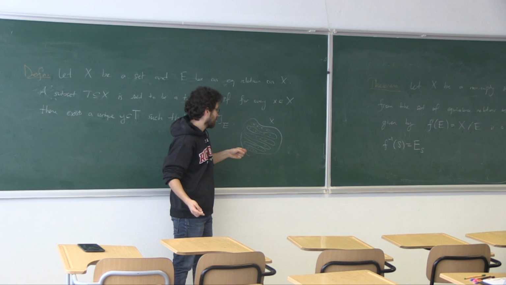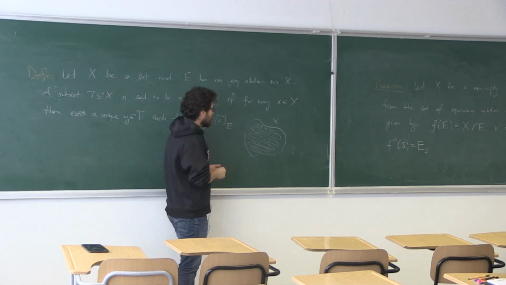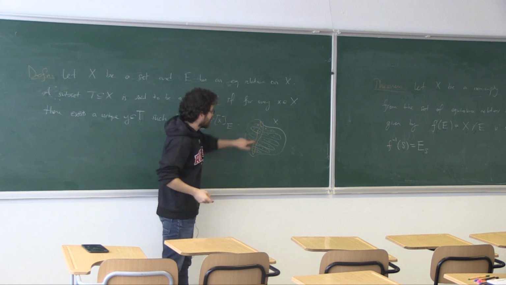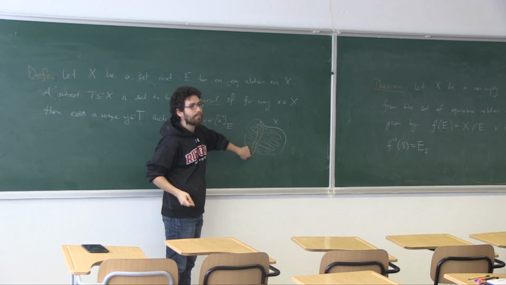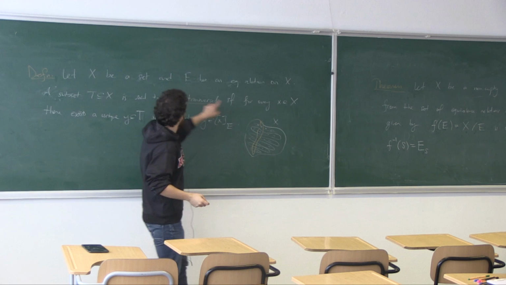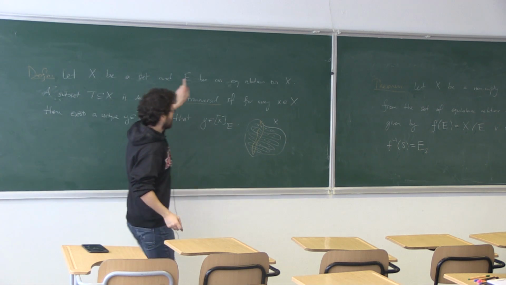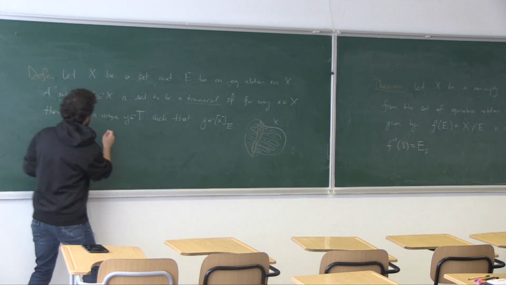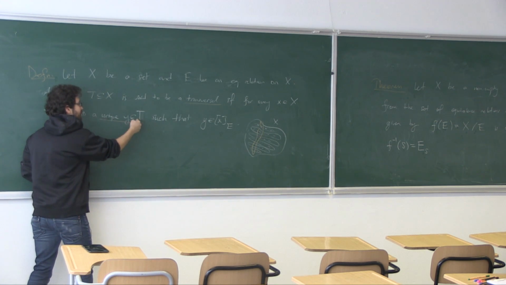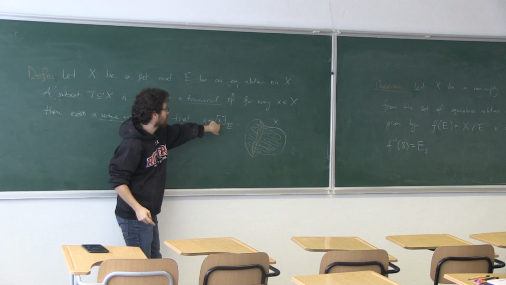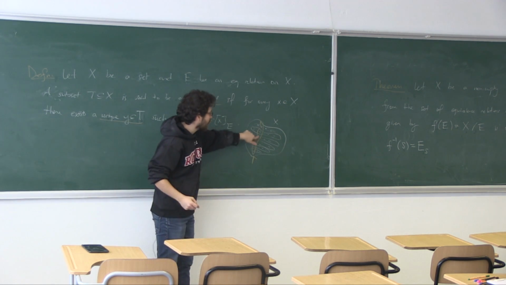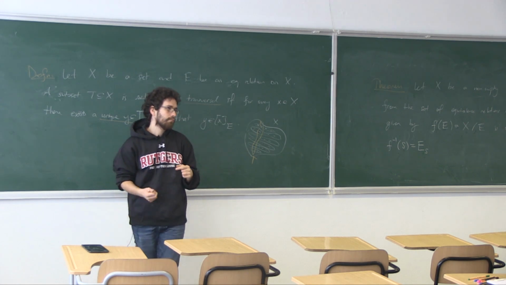So this is all of X. Now, a transversal is a set which intersects each equivalence class at a single point. So a transversal is a set such that for every X, you have a unique element in T which is in the corresponding equivalence class. So you choose one element from each equivalence class, okay?